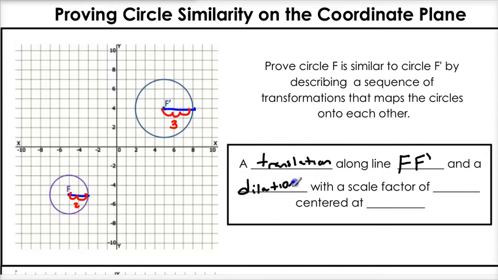And remember, the scale factor is just the image over the pre-image. So our image, and we know that because that has the prime, is 3. And our pre-image, and that doesn't have the prime, is going to be 2. So translation along F prime, and a dilation with a scale factor of 3/2 centered at point F or F prime. It doesn't matter. So let's just do F.